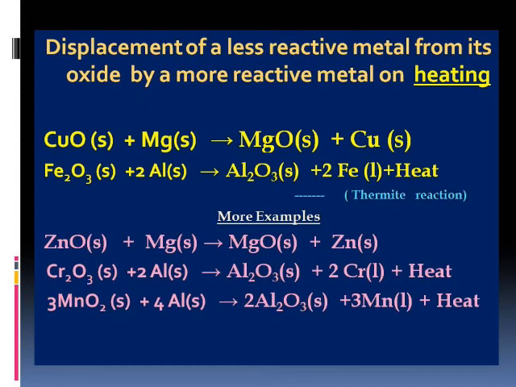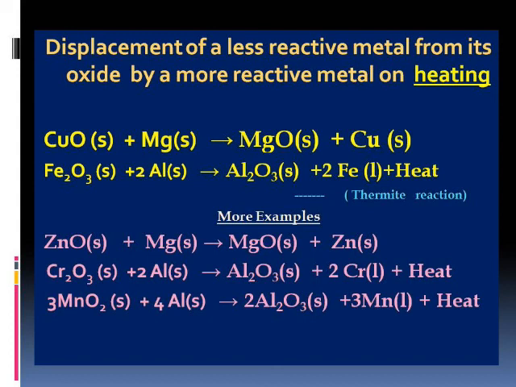There are, however, some displacement reactions which also occur between metal and metal oxide, both of which are in solid state. A more reactive metal displaces a less reactive metal from its oxide on heating.